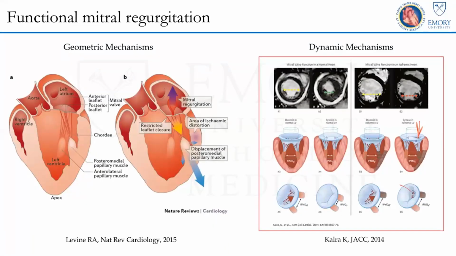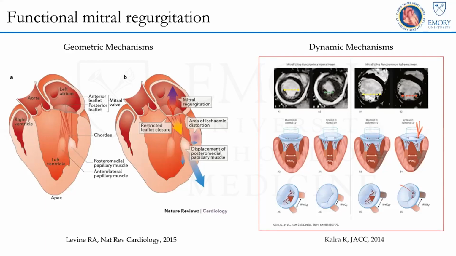The underlying mechanisms associated with functional mitral regurgitation could be several. The geometric mechanism is that in these patients, you have a dilated and dysfunctional ventricle that continues to remodel after an ischemic or continued cardiomyopathic process, resulting in tethering of the valve and regurgitation.